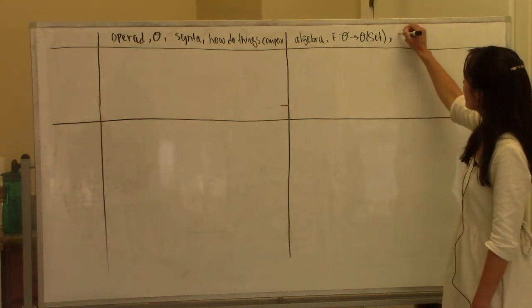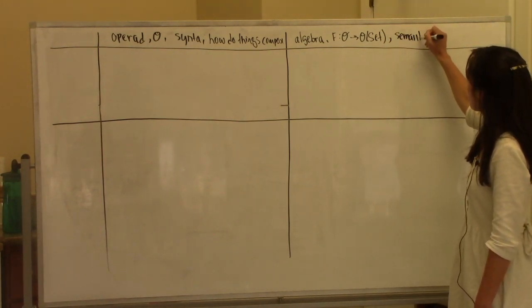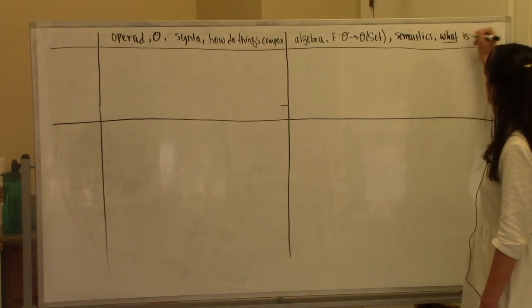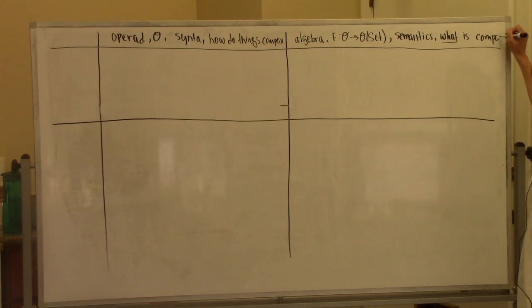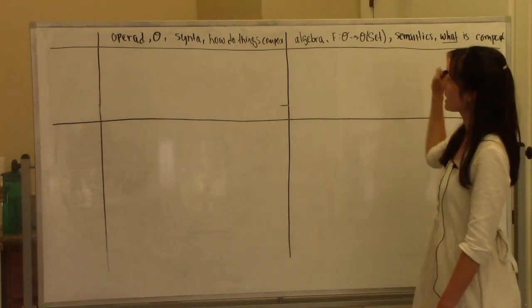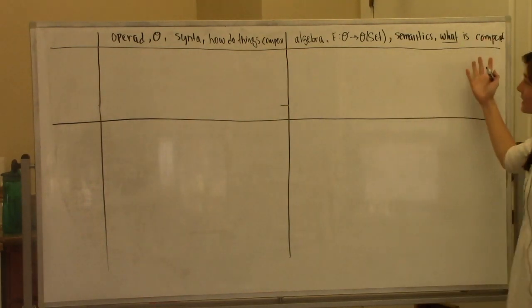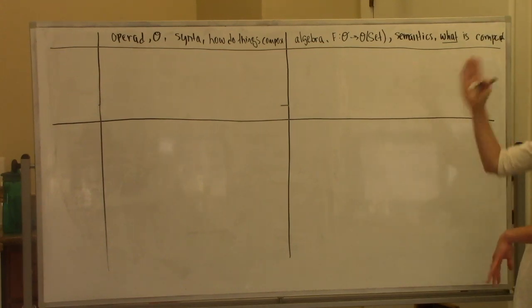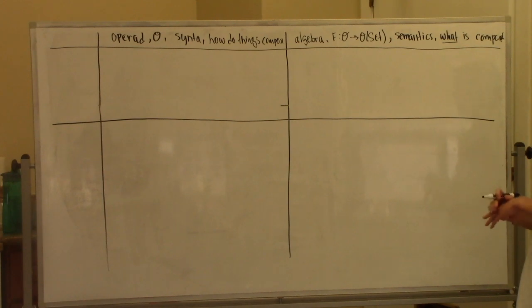But more importantly, it gives the semantics, or it tells us what is being composed. Thinking about this as syntax and semantics, how things compose versus what is composed, is really the key distinction between these two halves.